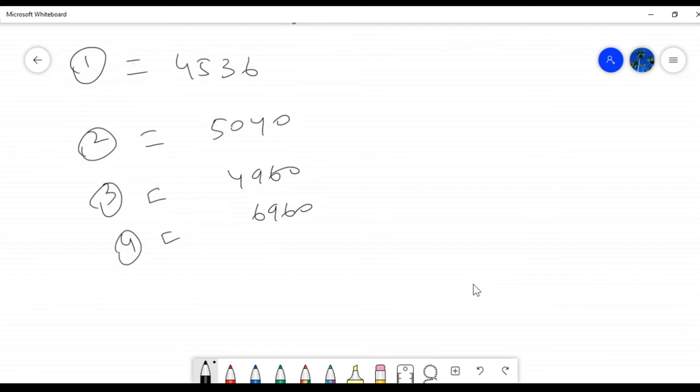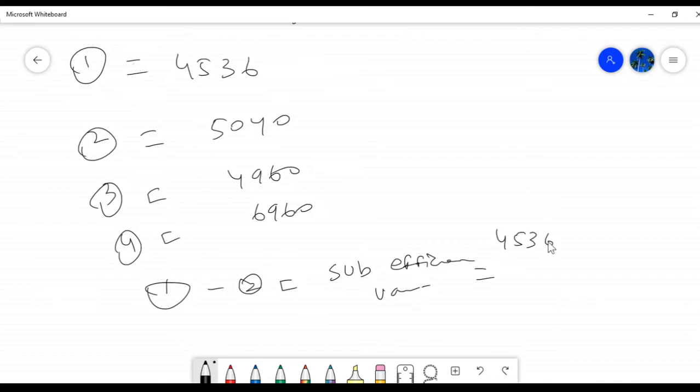So now tell me, 1 minus 2 equal to what? Sub-efficiency variance equal to 4536 minus 5040 equal to adverse or favor? It is adverse. How much adverse? 504 adverse.